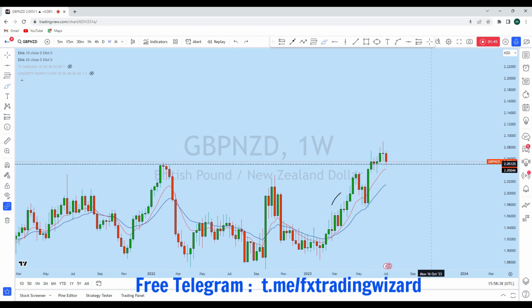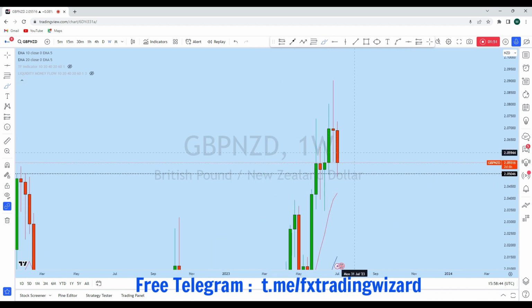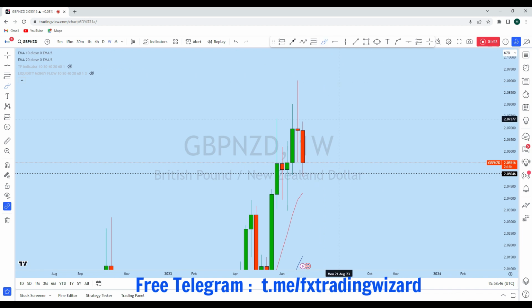This week we have seen a significant drop, broken this support level, and rejected. This means we can expect GBPNZD to go ahead and either form another doji or at least go and test this resistance zone before coming up with another new weekly candle.